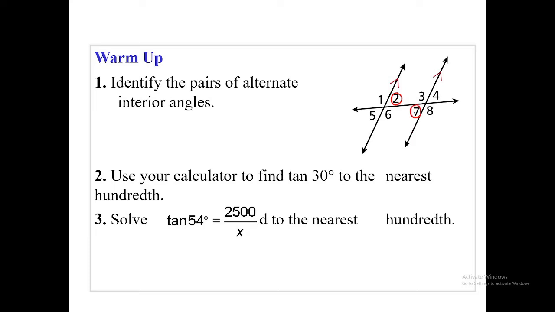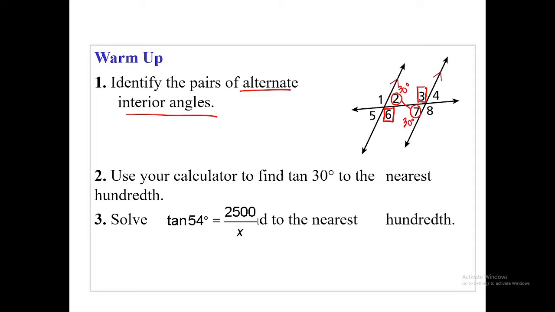So 2 and 7 are alternate interior angles. The same thing with 6 and 3, they are also alternate interior angles. And take note, if number 2 is 30 degrees, number 7 is also 30 degrees. The measurements of alternate interior angles are the same.